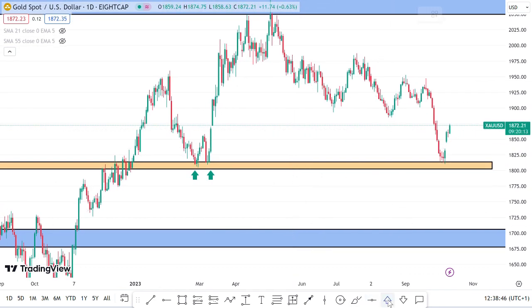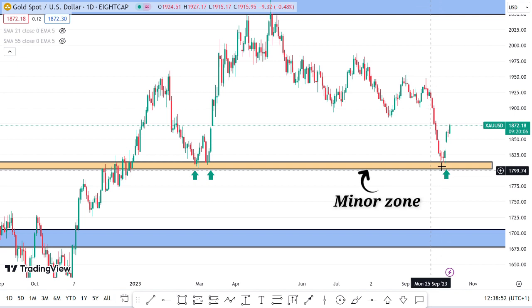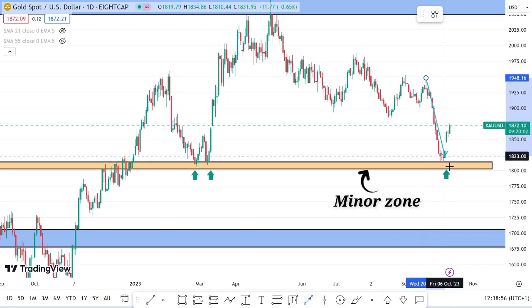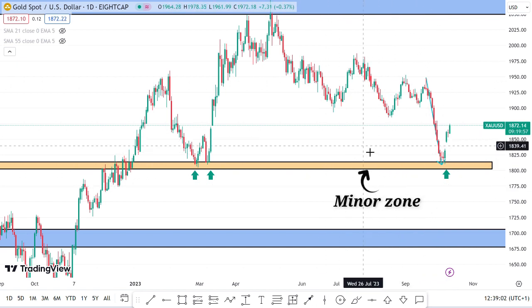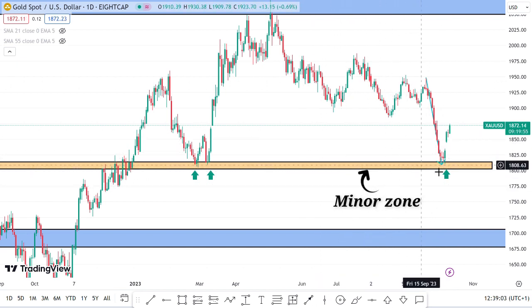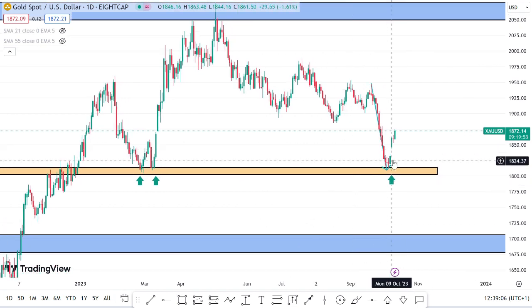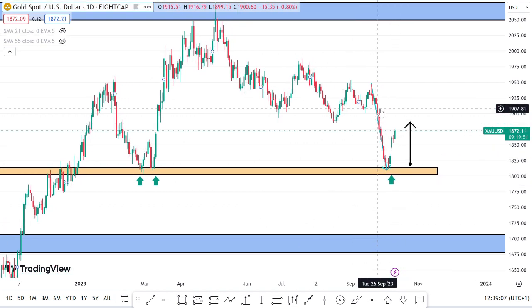Then somewhere here as well, guys, notice what is happening. This is the current price point. Notice what happened. We came all the way down from here, all the way down here, and notice what happened. Immediately we touched this level or this zone, boom, price started going up.